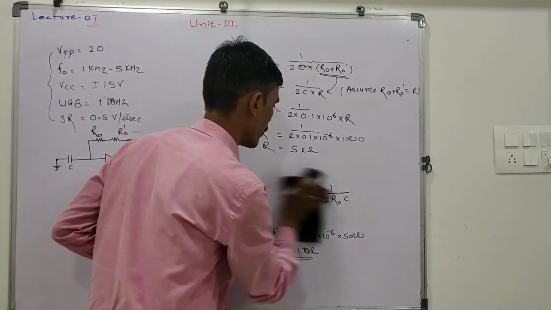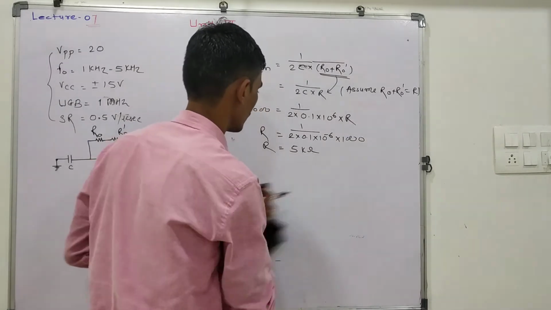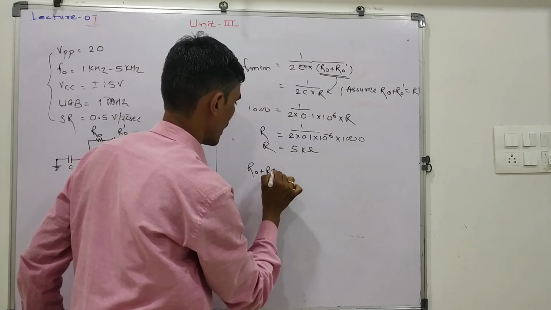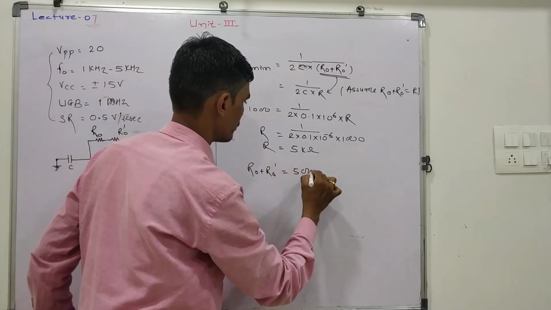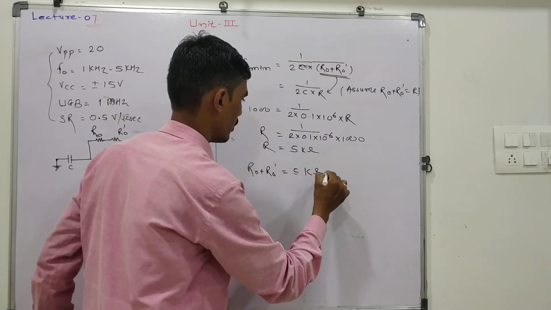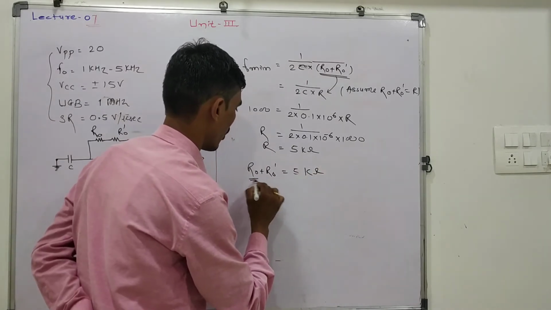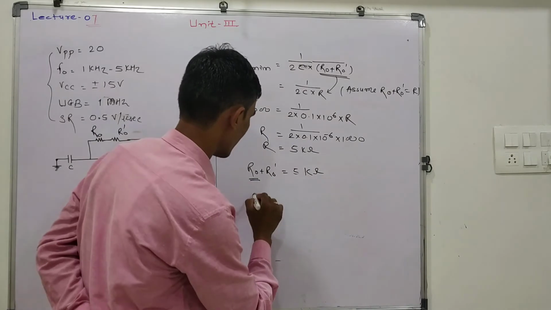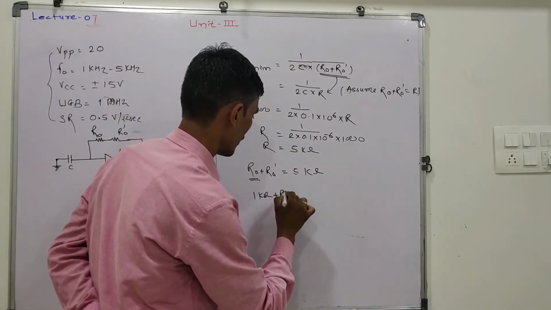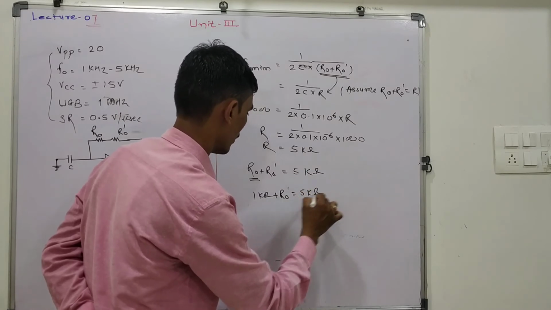So R is R0 plus R0 dash, equal to 5000 ohm, or 5 kilo ohms. We already calculated the value of R0, which is 1 kilo ohm, so 1 kilo ohm plus R0 dash is equal to 5 kilo ohms.